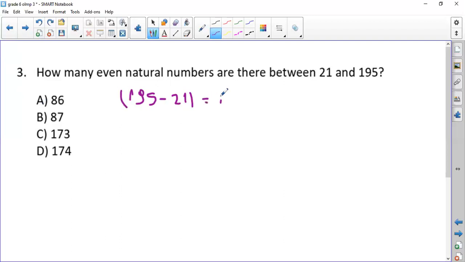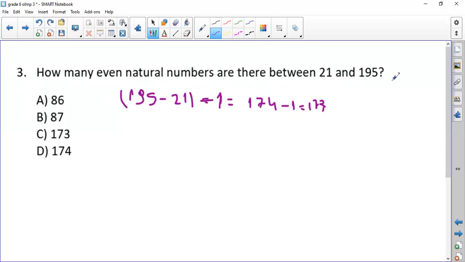So what will be the result? 174 minus 1, it is 173. So in total there are 173 numbers between these two numbers, 21 and 195.